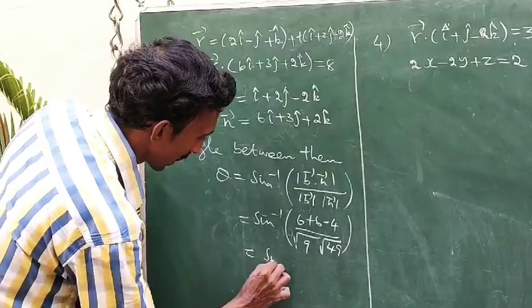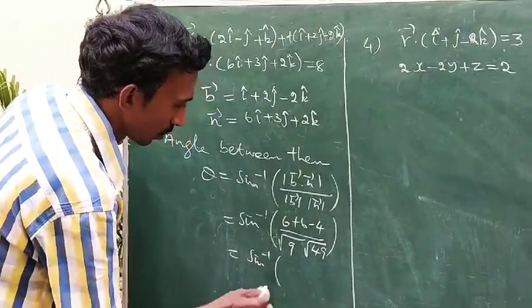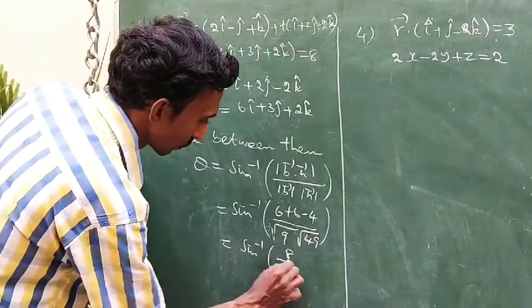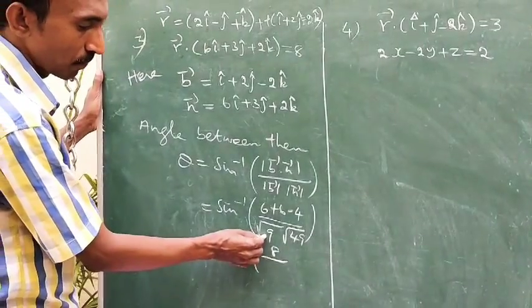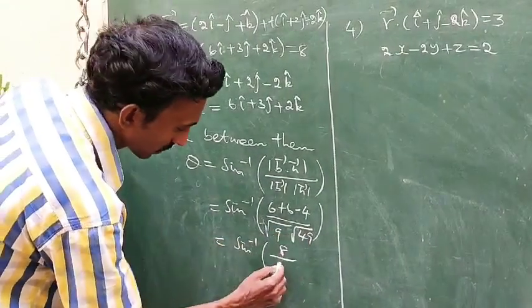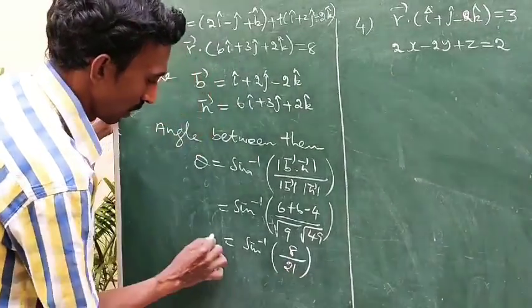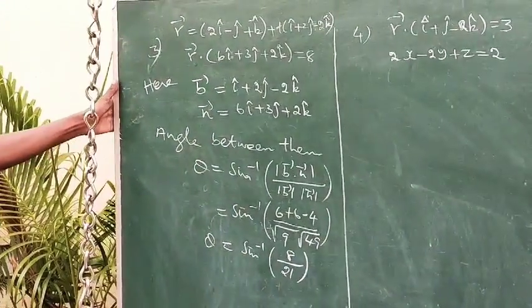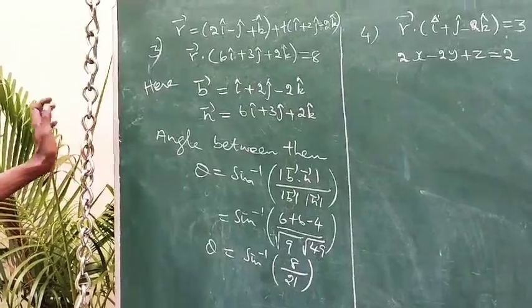So sine inverse of 12 minus 4, 8, square root of 9 is 3 and square root of 49 is 7. So 3 sevens are 21. So the required angle is sine inverse of 8 by 21.